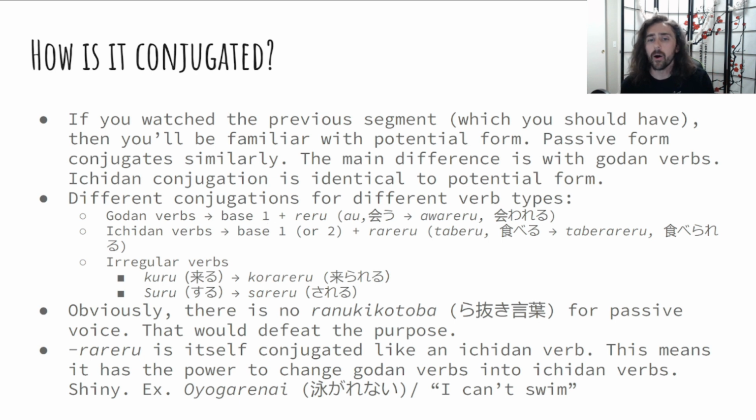So au would become aeru in potential form. But in passive form, you use base 1, which means it's going to be an ah sound. But of course, since this is a u godan verb, as opposed to like a ru or a tsu godan verb, it becomes awareru. You change the u. Instead of a, you say wa. Awareru.